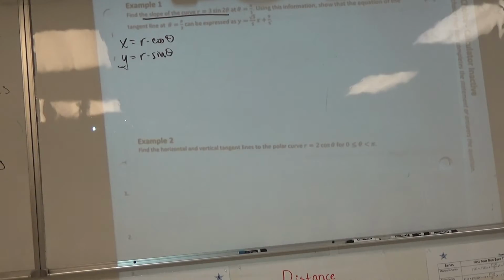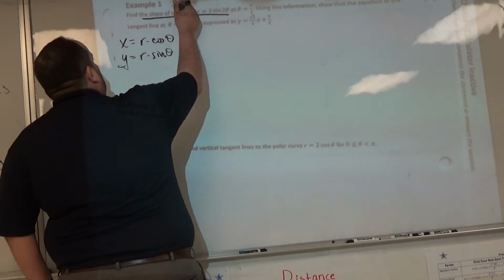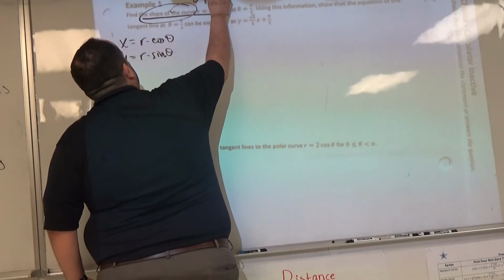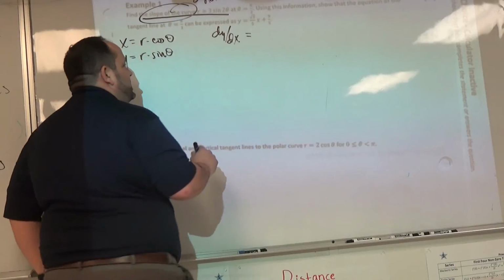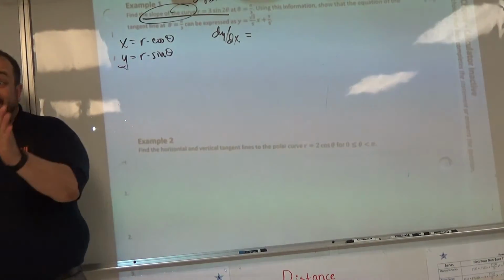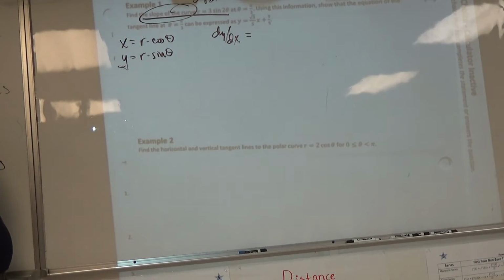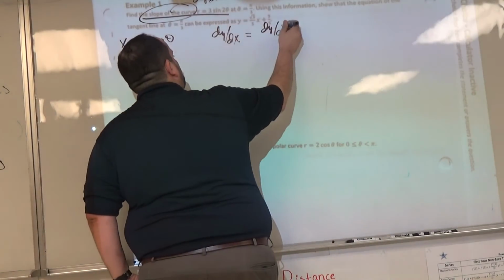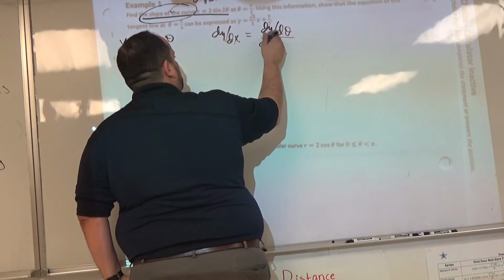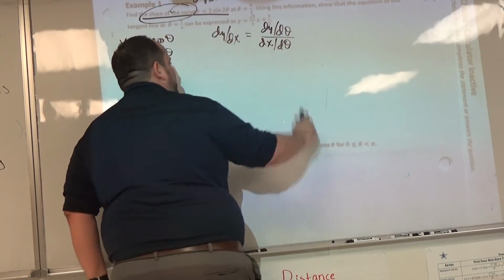dy over dx equals... All right, dy over dx. The way that we find dy dx in polar world, where everything is dependent on the angle, is dy d theta divided by dx d theta.